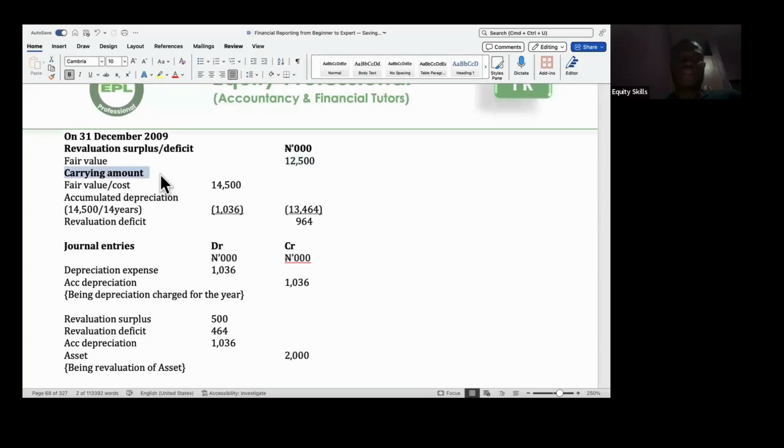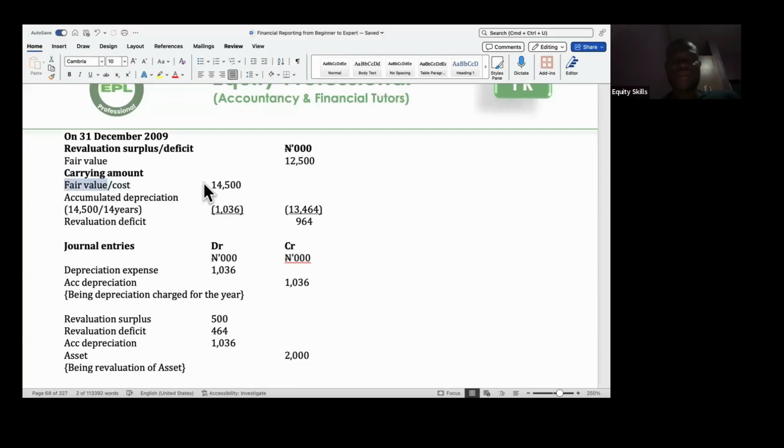And the carrying amount of the asset is the cost at fair value. Since this company is using a revaluation model, the asset account will be at fair value.